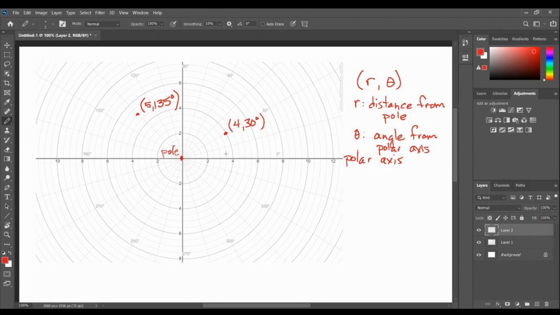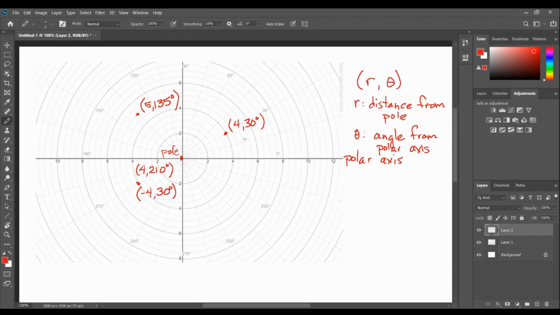Now, I'm going to throw a little wrench in the works here. I'm going to come over to that point right there. That very clearly looks like it's 4 units away from the pole, and it's at an angle of 210 degrees. And the wrench I'm throwing in is that this is also (-4, 30°).